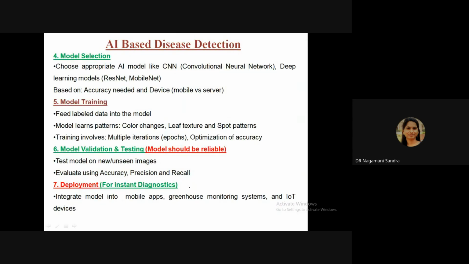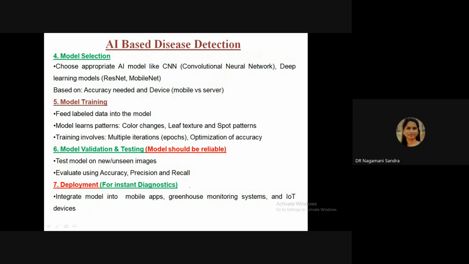After creating all those things, we have to choose the models. Generally, people are now using CNN networks and deep learning models, like convolutional neural networks, because we have to give whatever curated data we have to these models, and check whether the data we collected is accurately processed or not.